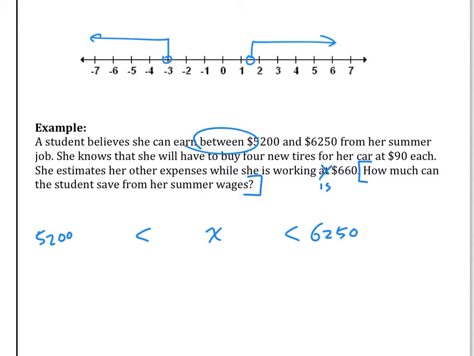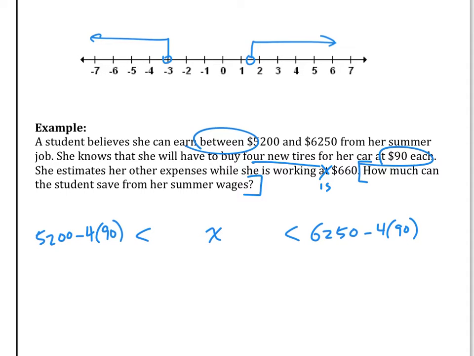So from this wage, she's going to buy 4 new tires at $90 each. So she has to spend 4 tires at $90 each. Remember the two ends, $5,200 and $6,250, those are her income. And now we're going to subtract out the expenses.